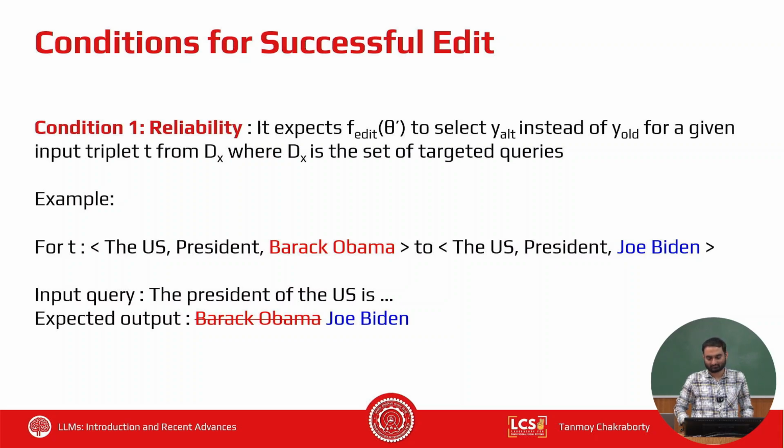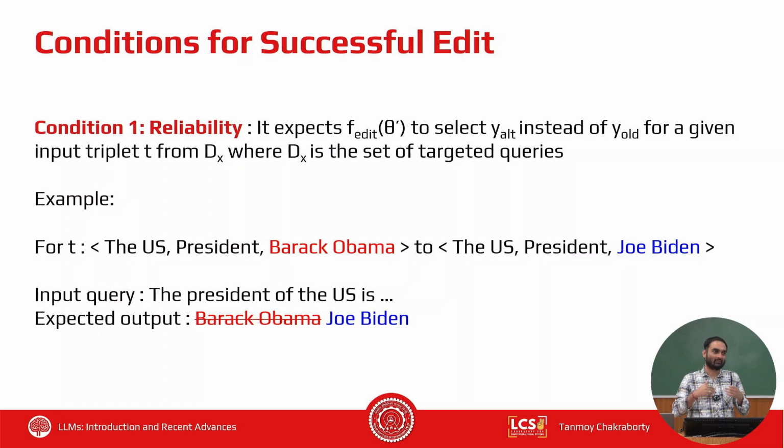One effect could be that if you are able to edit the query so that the US president is Joe Biden, right? Earlier it was Barack Obama, now it is Joe Biden. The model should also be able to respond consistently for the paraphrased version of the prompt. So your prompt is "the US president is dash," and the model returns Joe Biden.